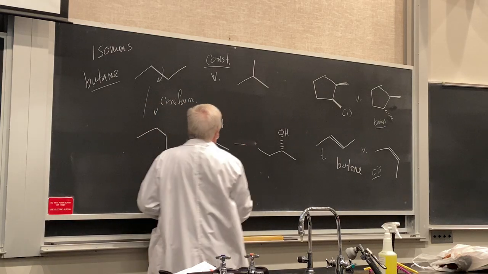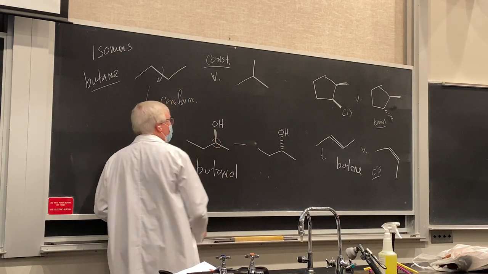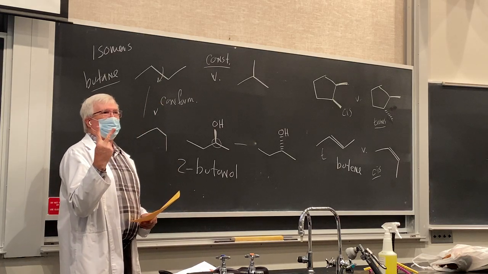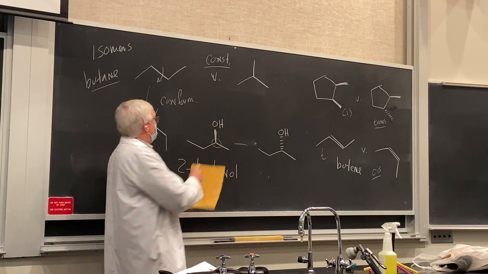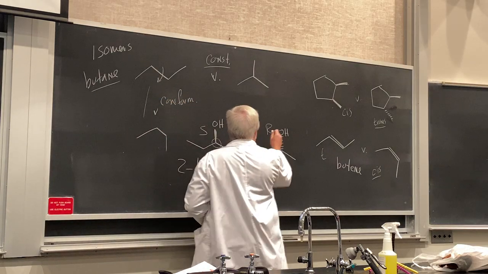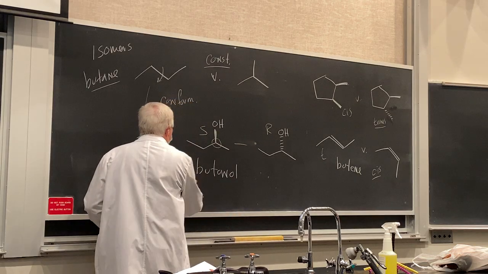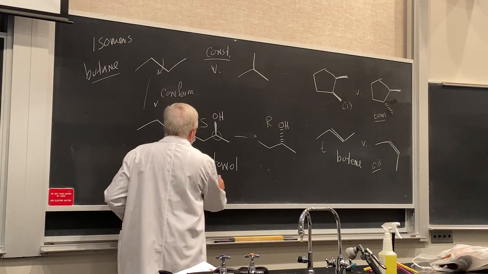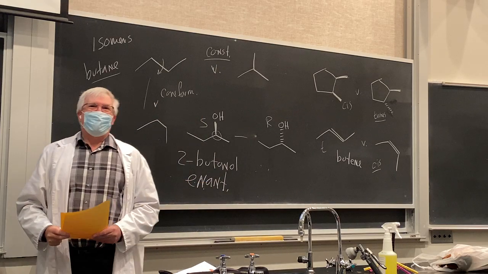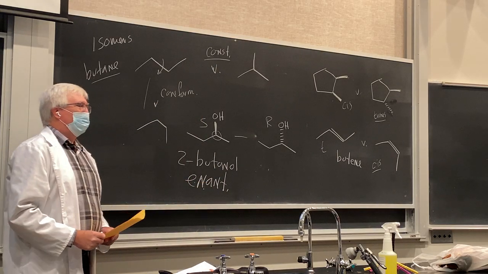And what this means is that one stereocenter means the molecule can exist as two enantiomers, okay? This is one enantiomer form. We'll see that this is indeed the S enantiomer. This is the R enantiomer. And what enantiomers mean is that they're mirror images of each other that are not superimposable.